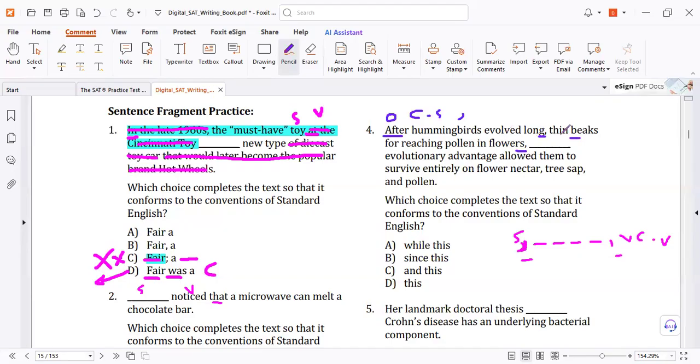Evolved long, thin beaks for reaching. So after, we need a new sentence. What is the new sentence then? That is a trap. If you wanted to use while again, but how while? We said we need a second clause. So this is a second clause.